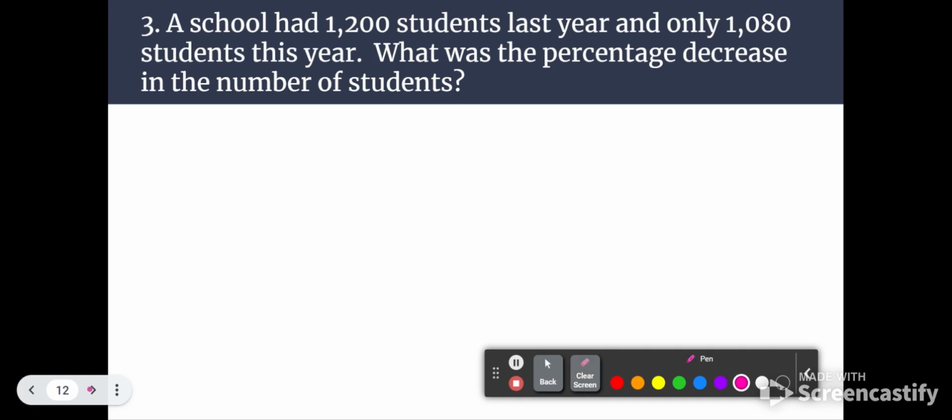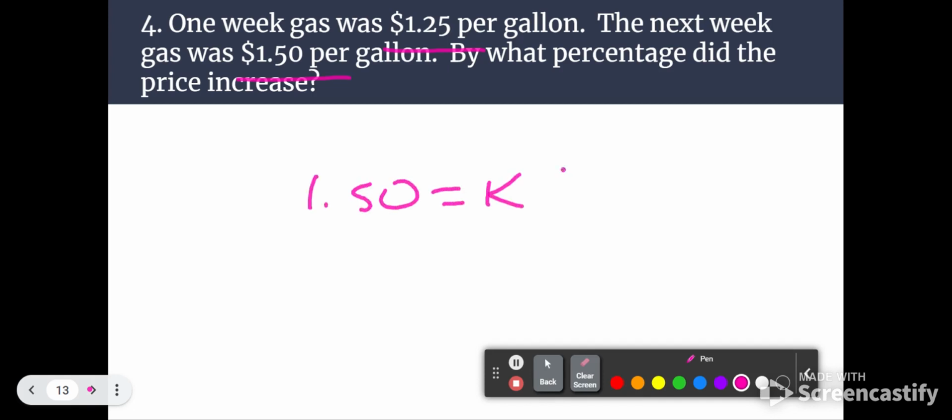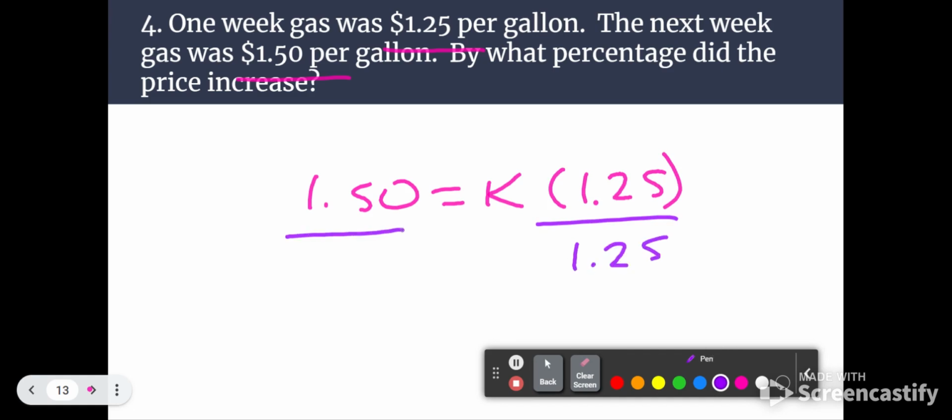Next one. One week, gas was $1.25 a gallon. The next week it's $1.50 a gallon. By what percent did the price increase? Same thing. We can do our $1.50 is equal to what times $1.25, right? And then when we divide, I'll have to look it up. So we get 1.2 equals K. Now it didn't increase by 120%.